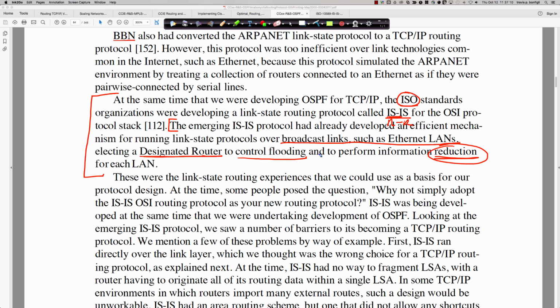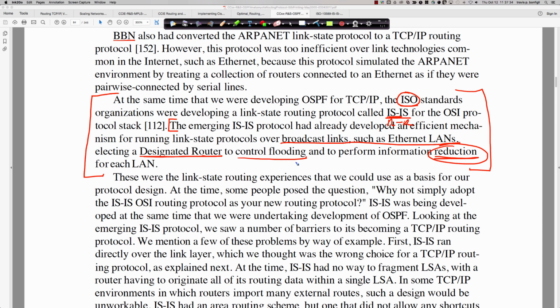And this is the whole idea here, that in a point-to-point configuration, I hope you can see why you don't need a DR and a BDR. Because there is no excessive flooding. You don't have more than 2 participants on a point-to-point link. You're limited to 2, and OSPF is fine with that.